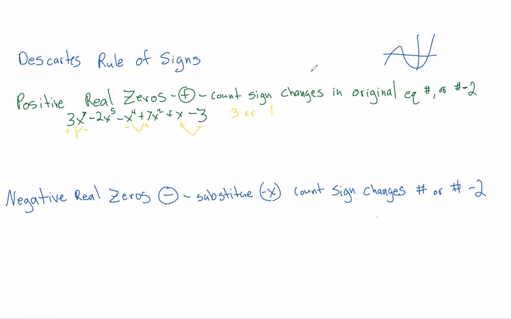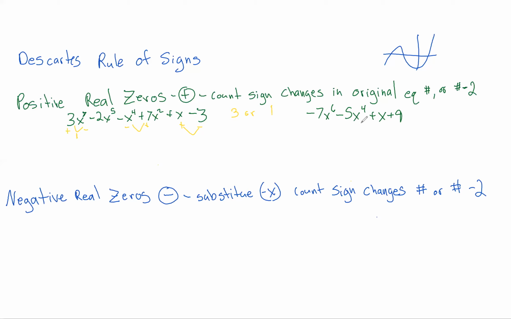Let's look at another one just for practice. Negative 7x to the 6th minus 5x to the 4th plus x plus 9. Now let's look, we've got negative 7, negative 5. So that's negative, negative, not a sign change there.